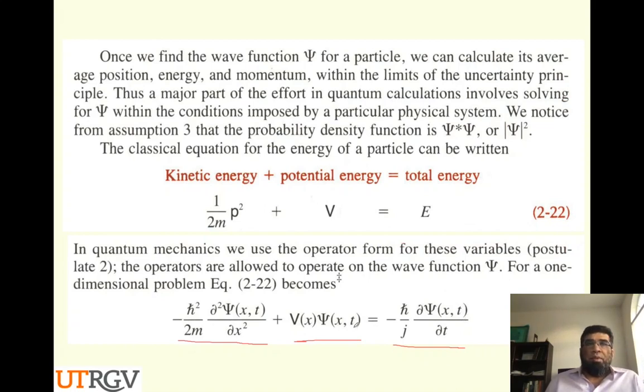The wave function includes both space and time dependence. Think about a wave: it is traveling in x, and at any given time we want to see what it is. So we need to separate them out. We solve the wave equation by looking at the dependence on time and the dependence on space.